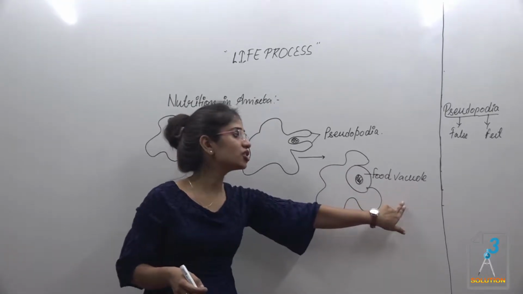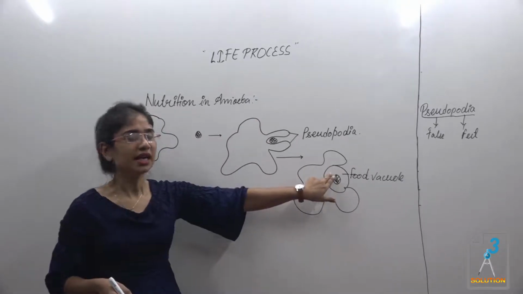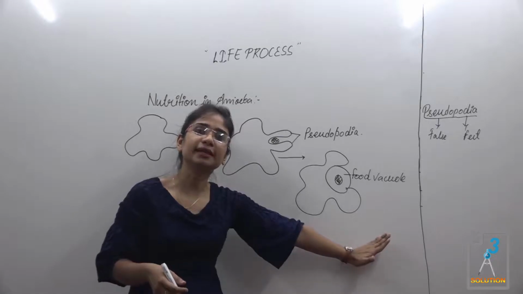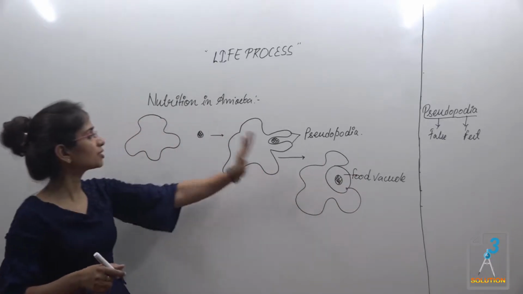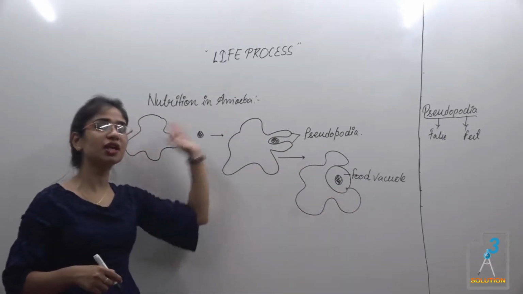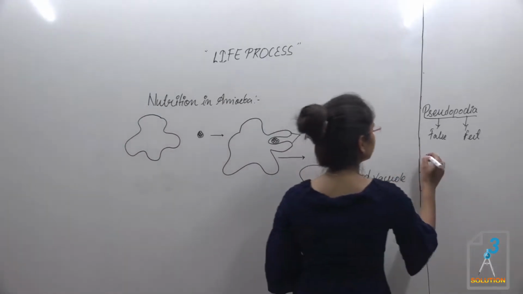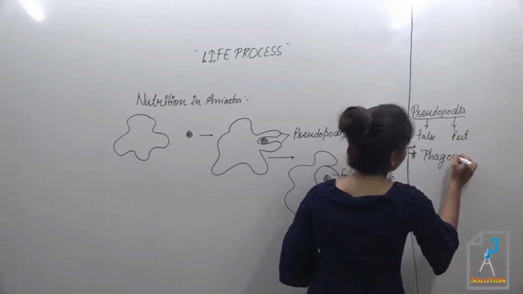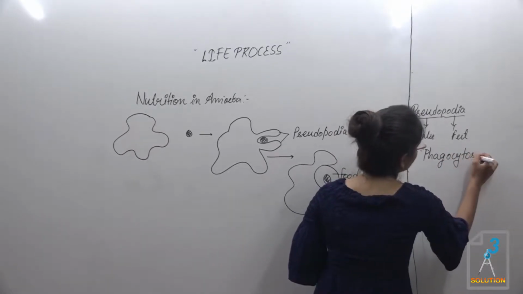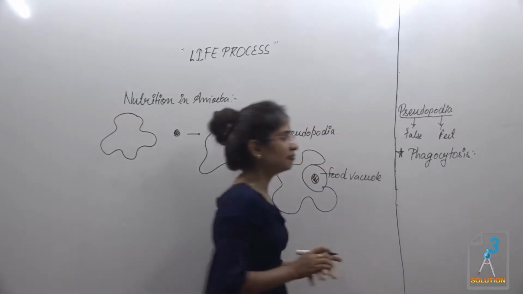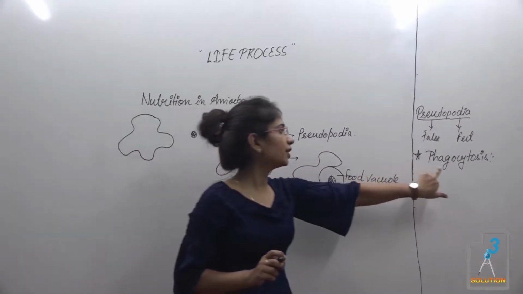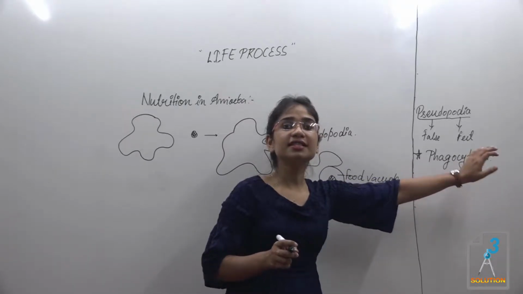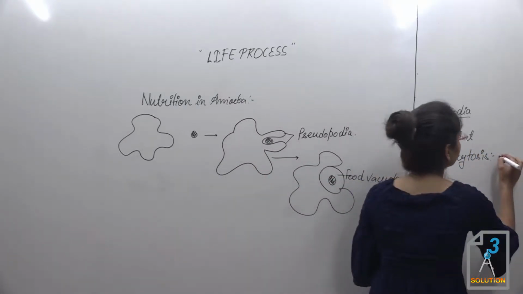After the digestion of the food vacuole, it will simply excrete the waste material out of the cell. This kind of nutrition is known as phagocytosis. Phago means eating, and cytosis means cell. We can say cell eating.